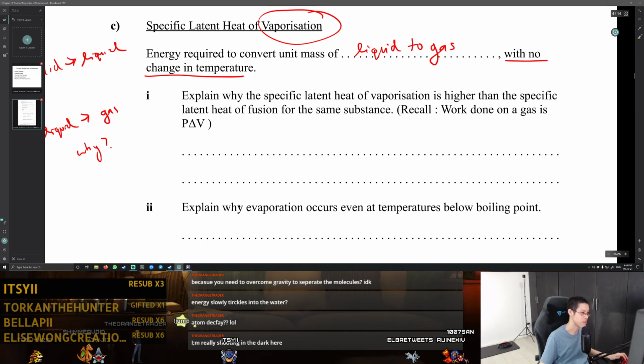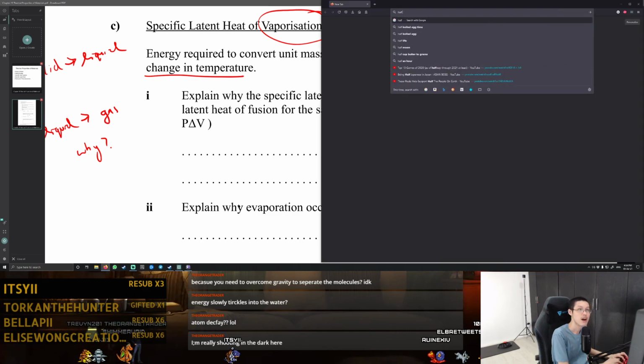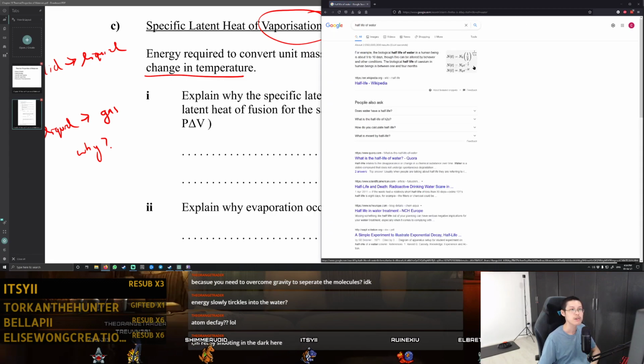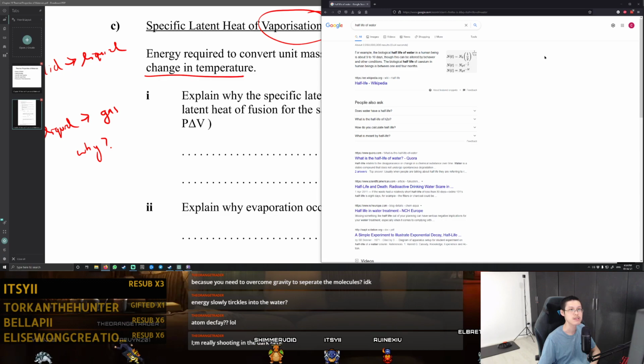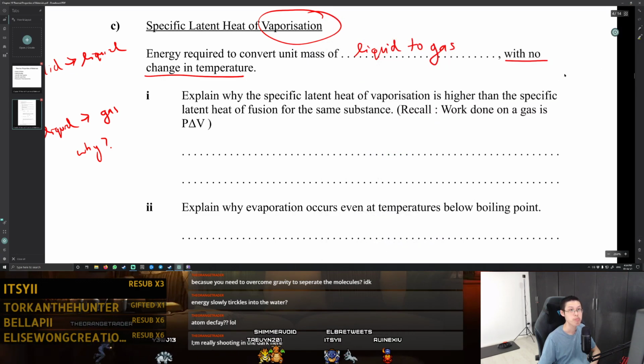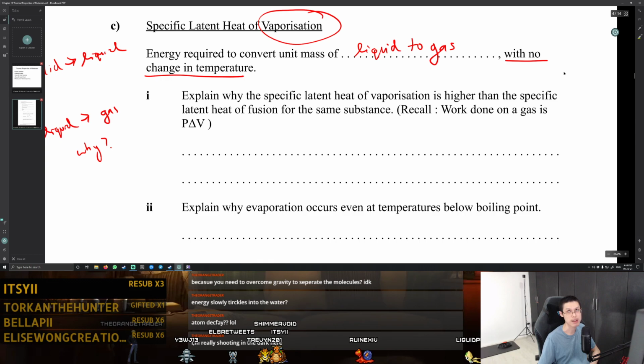What is the half-life of water? The biological half-life of water in a human being is about 9 to 10 days. Does water have a half-life? It's about 7 to 14 days. Okay, so it decays in about a week to a fortnight.